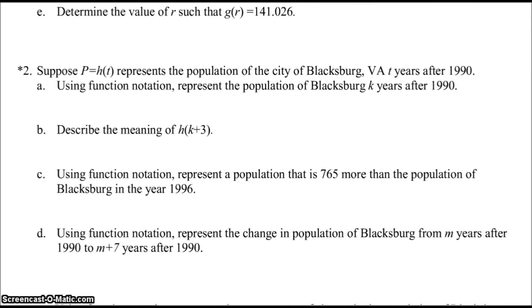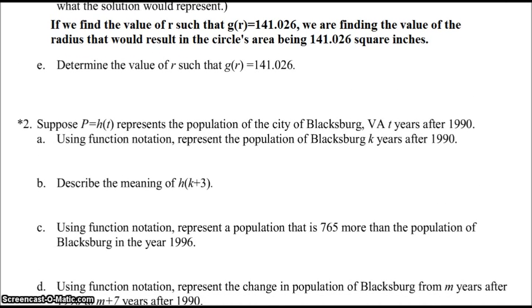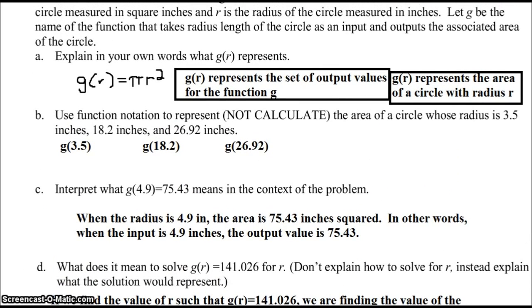Determine the value of r such that g of r equals 141.026. So what we're going to do now is figure out what that radius would be. So we simply think about what our function g of r is. Remember that g of r is the area of the circle. It's equal to pi r squared right here.